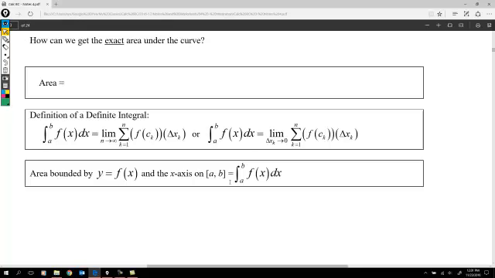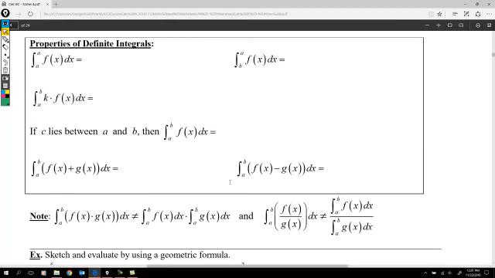F of x is my function, integral from a to b. And that's the same thing as what we just talked about, an infinite Riemann sum, essentially. A Riemann sum going to infinity of my areas. Or over here, we're thinking about this as the width of each of my rectangles approaching 0. All right, so let's move on to actually doing some examples and talking about properties.